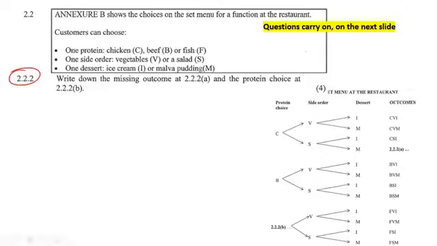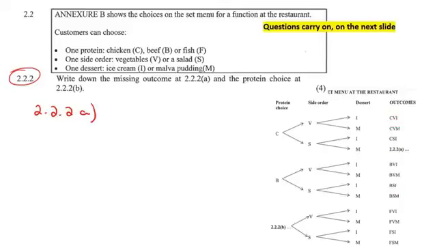Okay, now with this question, it says write down the missing outcome of 2.2.2a, so that's over here, and the protein choice at 2.2.2b. Okay, so let's look at 2.2.2a. So these letters over here, they just tell us what the person did.